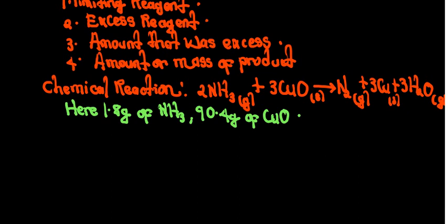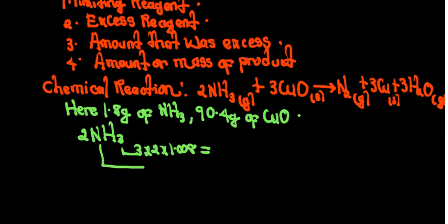Finding the molar mass of NH3, you get it from the chemical reaction that is here. So I'll take it as 2NH3. You're going to have 3 times 2 times 1.008, you have your value there. And then this is just 2 times 14. I'm just using the normal figures, but there's a recommended periodic table that you have to use, and make sure that you are good in terms of your precision and accuracy.